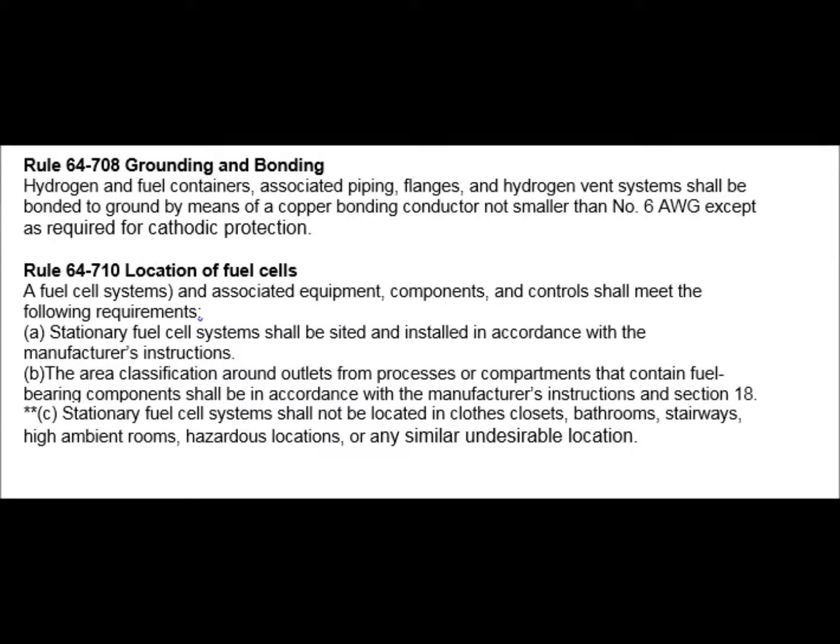Hydrogen and fuel containers, associated piping flanges, and hydrogen vent systems shall be bonded to ground by means of a copper bonding conductor not smaller than number 6 AWG, except as required for cathodic protection, according to Rule 64-708. Stationary fuel cell systems shall not be located in closed closets, bathrooms, stairways, high ambient rooms, hazardous locations, or any other similar undesirable location, according to Rule 64-710.